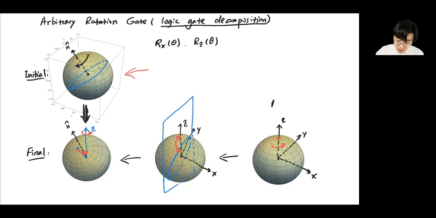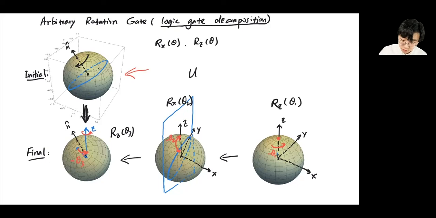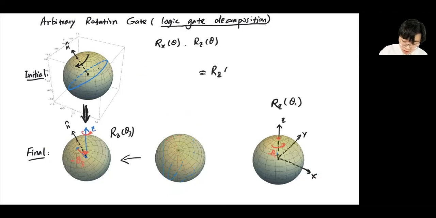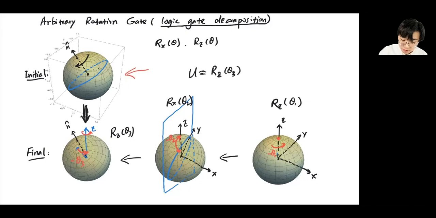First, Rz rotation by theta 1. Second, Rx of some angle theta 2. And finally, Rz of some angle theta 3. Therefore, we have shown that arbitrary rotation can be written as a composition of Rz, Rx, and Rz.